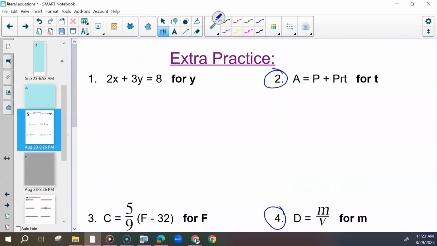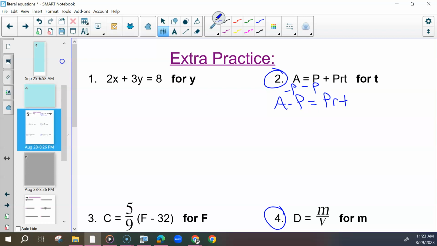Alright, number 2 is kind of like what we just did, but a little different, because we have to get T by itself. We've got to get rid of this P. How do we do that? Subtract it to the other side, and rewrite. Now, P and R and T are all multiplying.